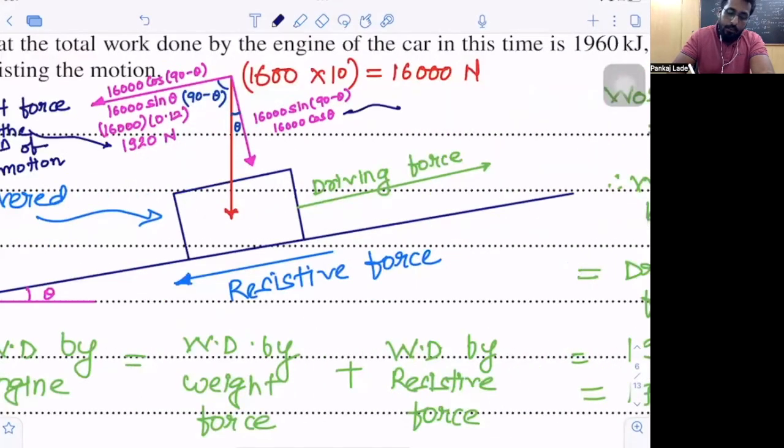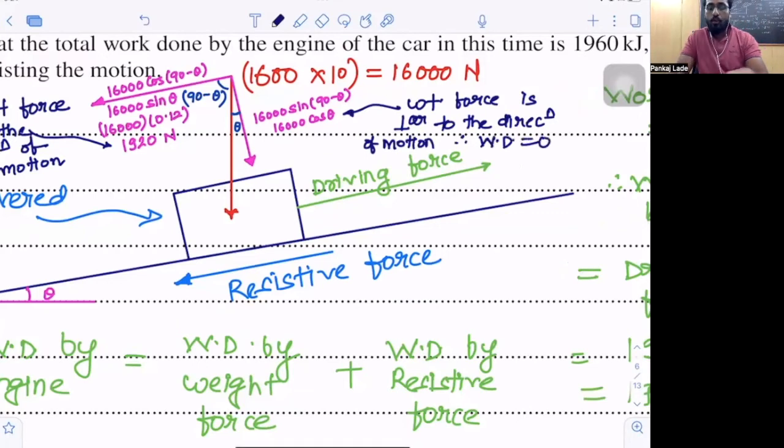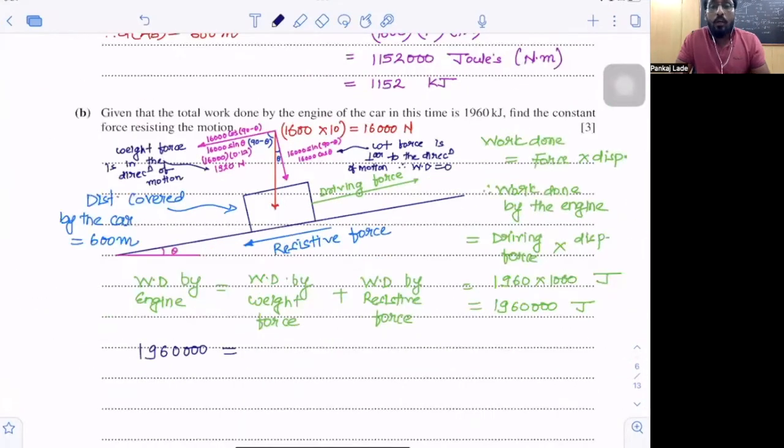And this weight force is perpendicular to the direction of motion. Therefore, work done by this force is going to be zero. So we are not worried about this particular weight force.